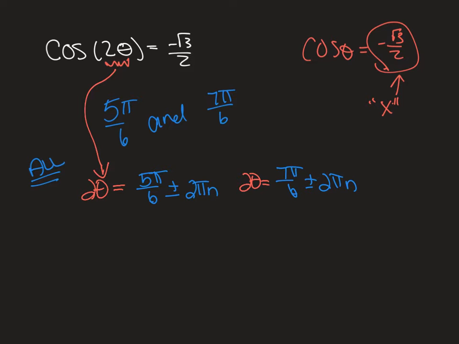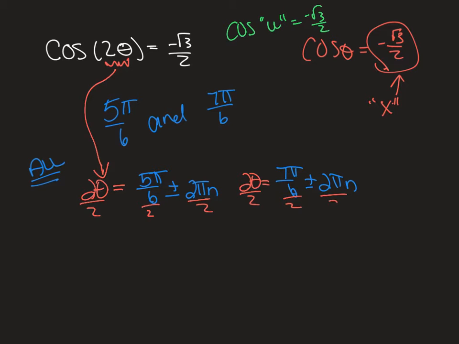It's called u substitution. You'll do a lot of it in calc. Basically we redid this as the cosine of u equals negative radical 3 over 2. Now all I have to do is divide everything by 2.